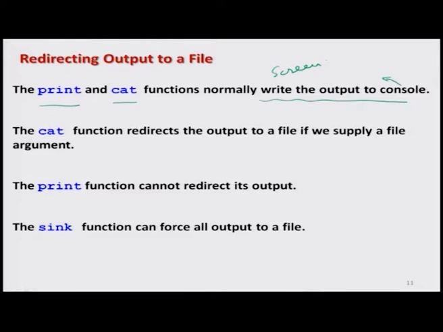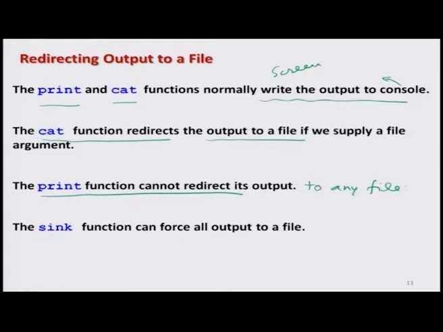Now, what is the difference between cat and print? The cat function has the capability to redirect the output of a program to a file, provided we have supplied a file name, whereas this capability is lacking in the print function. Print function cannot redirect its output to any file.